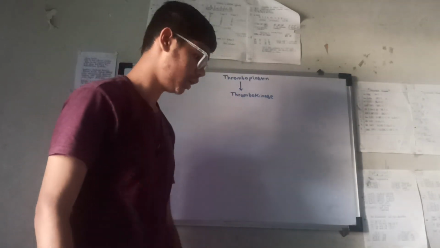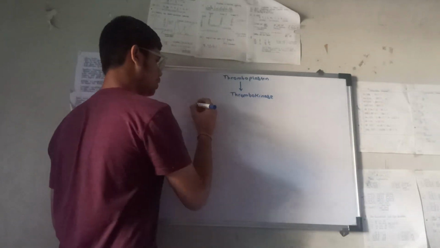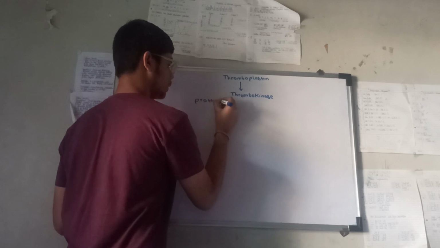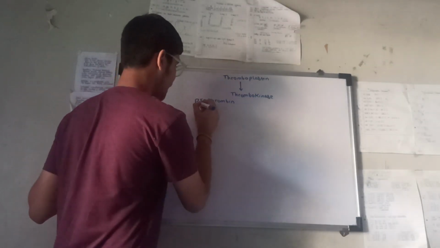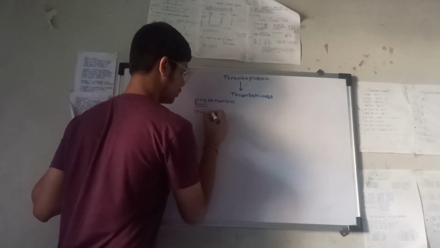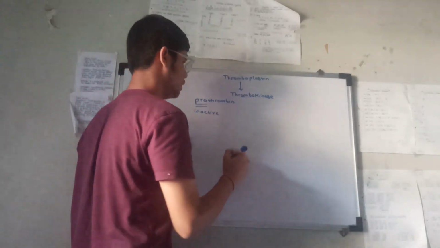What is the function of thrombokinase? It will convert prothrombin. Pro means it is inactive. It will convert prothrombin to thrombin.